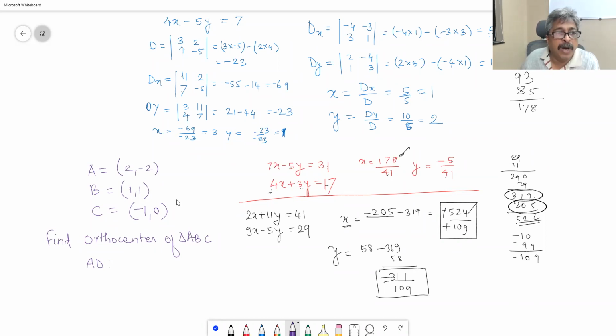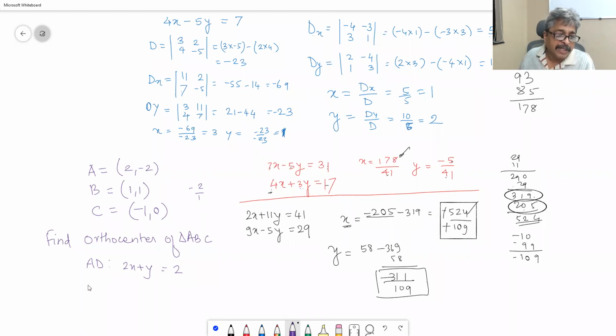Therefore, minus 2 by 1 is the slope of AD, and hence the equation of AD will look like 2x plus y. It should pass through A. Therefore, plus 4 minus 2 is 2.